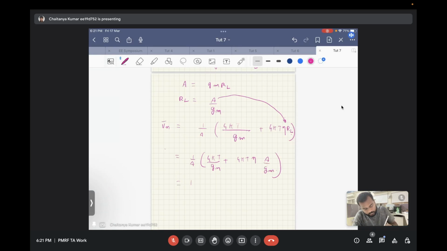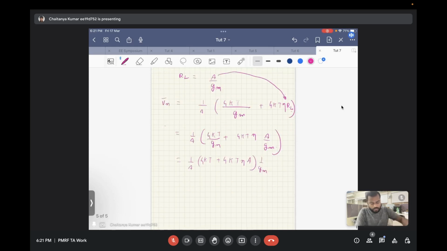So this is an equation where we can take the GM value out common: 4 kT eta A into 1 by GM.